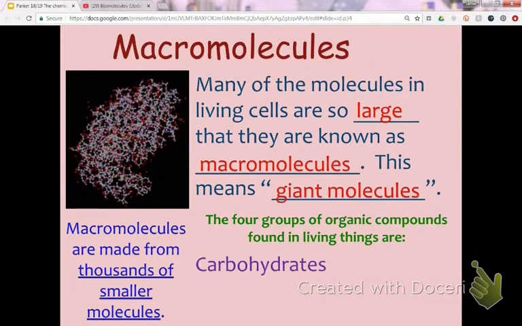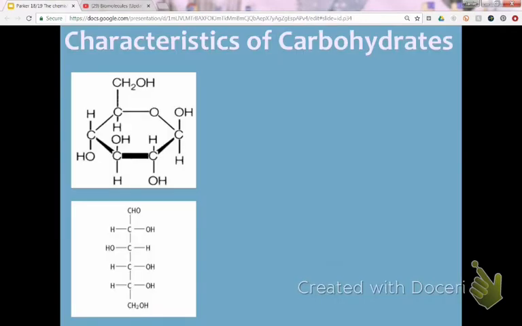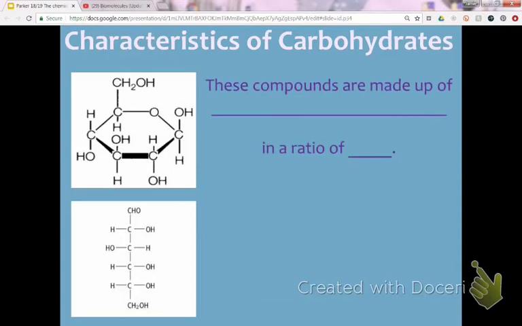Okay, so there are 4 groups of organic compounds found in living things. They are carbohydrates, lipids, proteins, and nucleic acids. So characteristics of carbohydrates. All right, carbohydrates are made up of carbon, hydrogen, and oxygen in a ratio of 1 to 2 to 1.